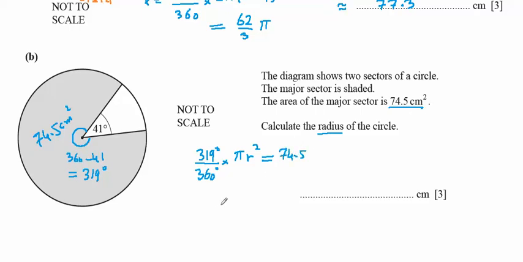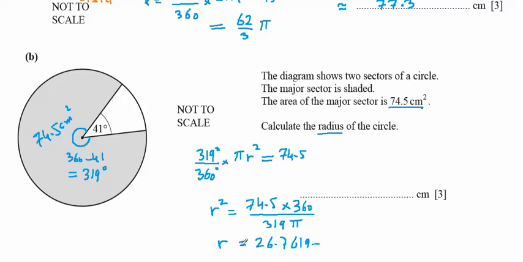Now from here we'll get r squared is equal to 74.5 times 360, then divided by 319 times pi. Keeping r squared here and moving these extra terms to the other side of the equation, we got this, and then the square root of this will be the final answer. So it is 26.7619 and so on.